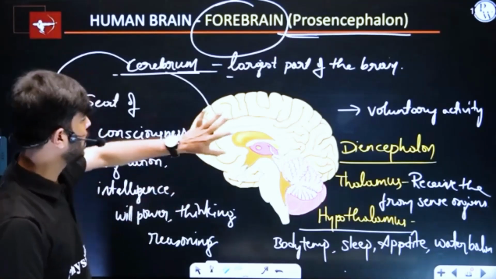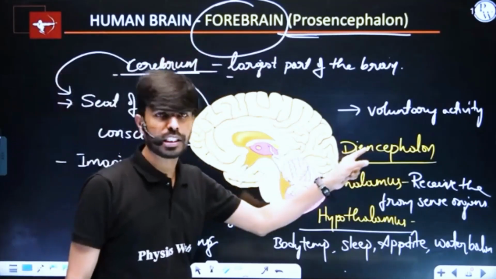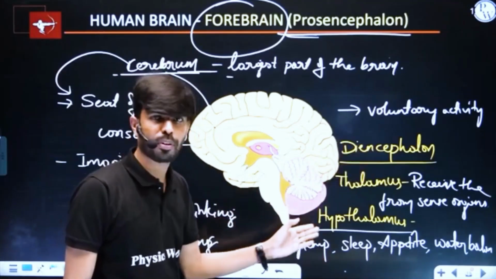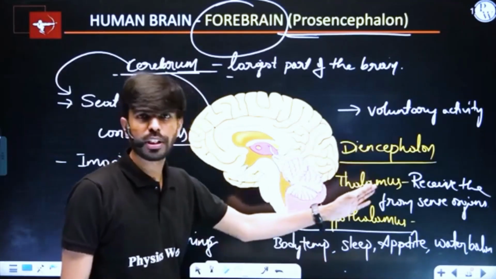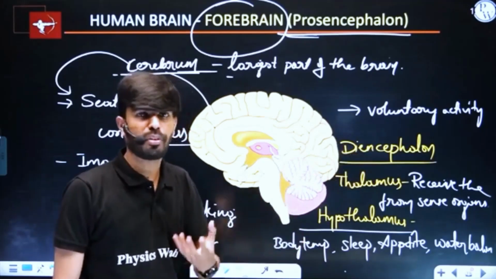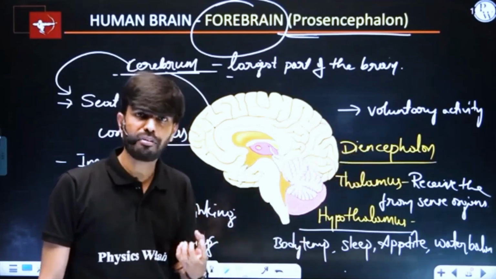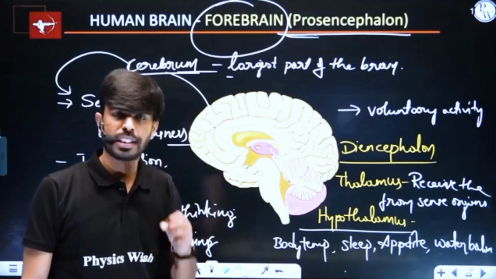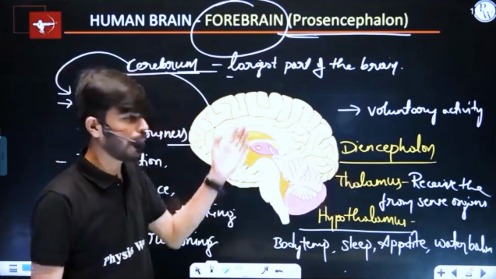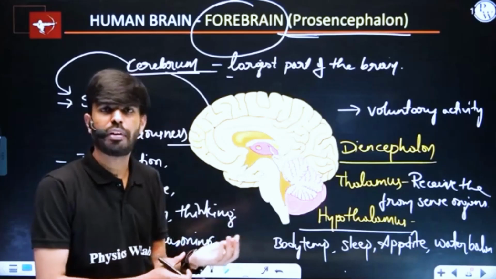So this is cerebrum. When it comes to diencephalon, another part of the forebrain, it has two parts, thalamus and hypothalamus. Thalamus is a part which receives the information from the sense organs. It relays the information from the sense organs and sends that to the cerebrum to store for the future.